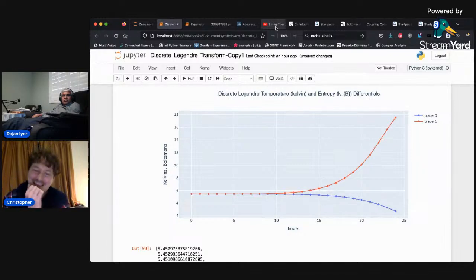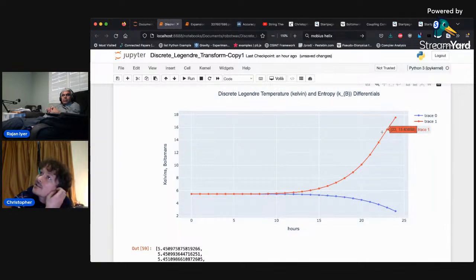I don't know, I thought they are directly related. I thought if entropy increases, temperature also increases, isn't it? Yes, but this is a Legendre transform. So temperature you have to flip it. As the volume increases, the entropy increases.